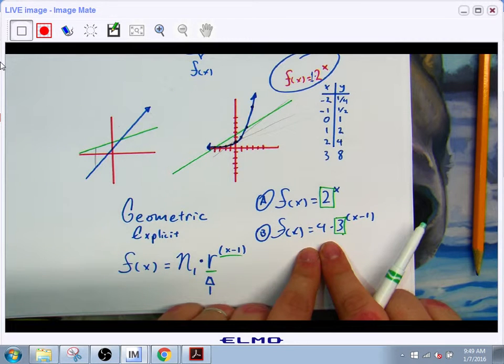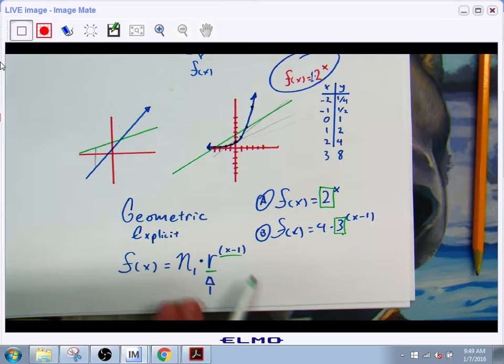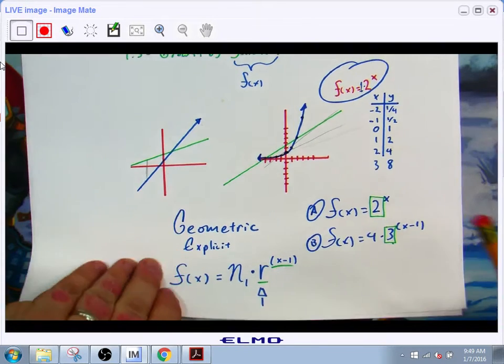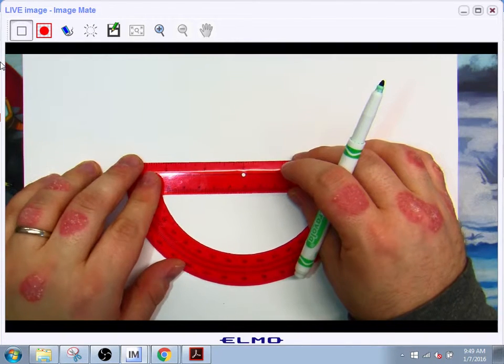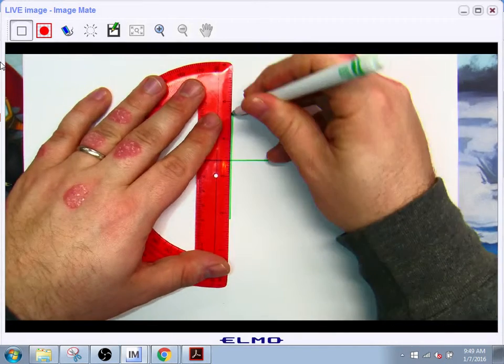Even with the multiplying by 4, it doesn't matter. Because that's just going to be our first value, right? It doesn't matter what our first value is when we're talking about rate. Okay? Because this could be something like this. Here, I'm going to draw another little chart here. So we could have a Cartesian plane that looks like this. Cool.